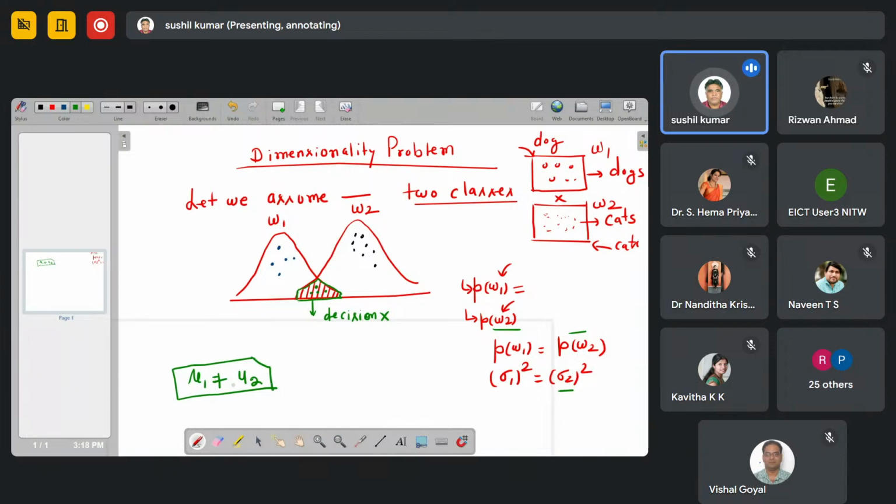The variables are independent, the data is independent, and mu1 is not equal to mu2. These mean values will not be equal to each other.